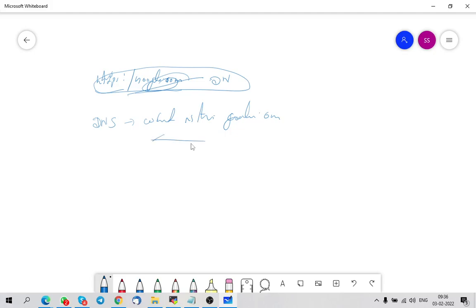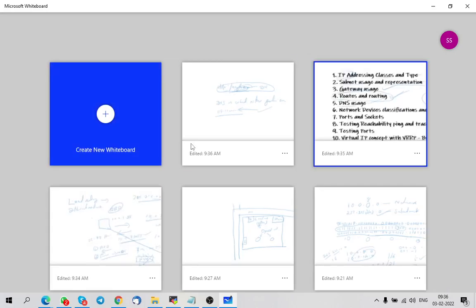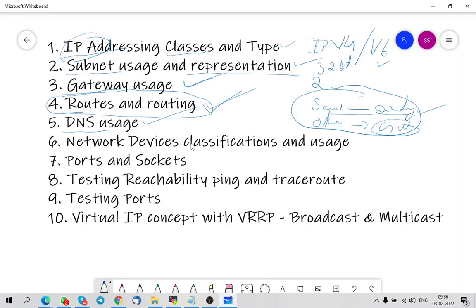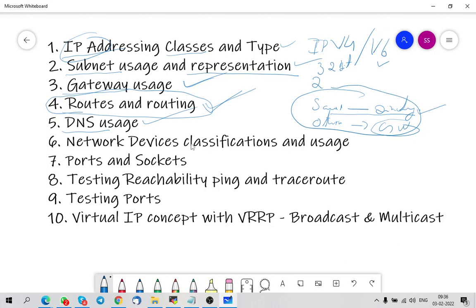Then DNS will give you one IP or multiple IPs for that domain name. With this it will route the packets. That is the usage of the DNS entry. So now we have covered what we enter for a network: IP address, subnet, gateway and DNS. These are the entries it asks for when we are configuring a network.